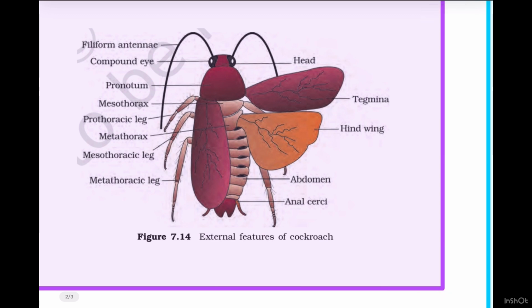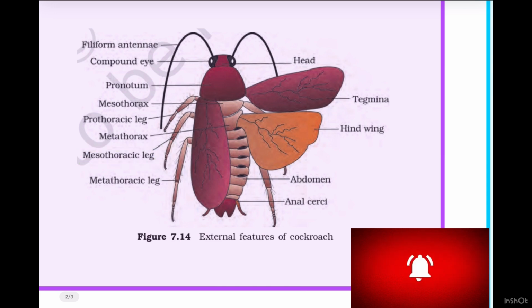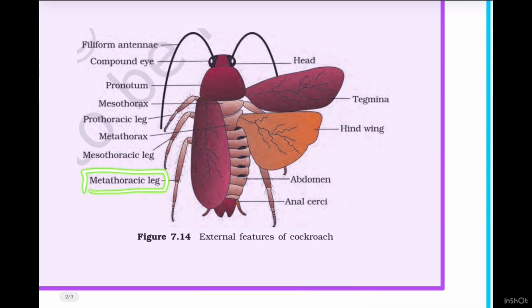And thorax, if you are considering, there will be prothorax. Prothorax can also be called pronotum, and then mesothorax and metathorax. In every thoracic segment there is one pair of legs: prothoracic legs, mesothoracic legs, and then metathoracic legs.